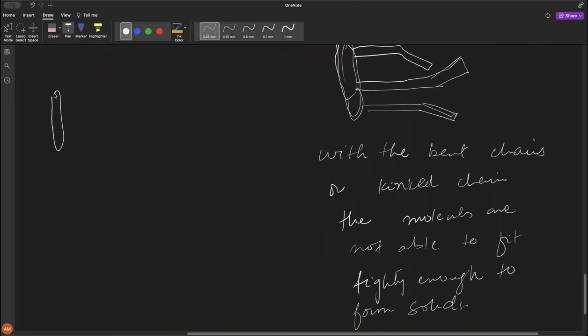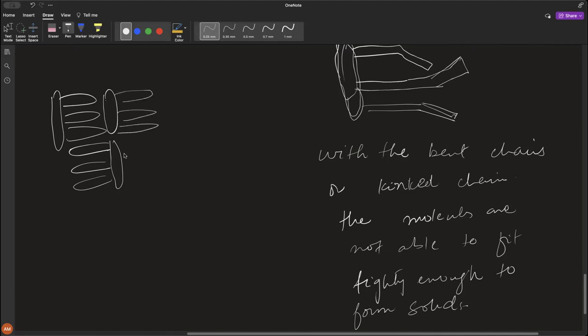If you look at the other ones, let's say these ones, they can easily fit upon each other and become tightly packed. Do you understand?